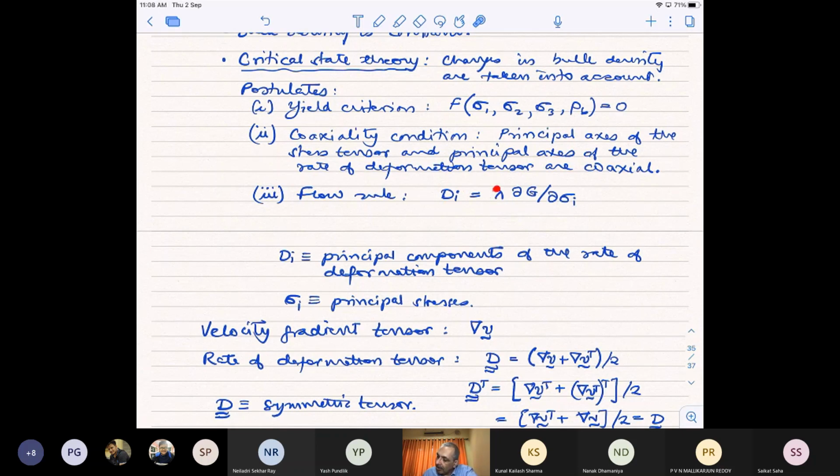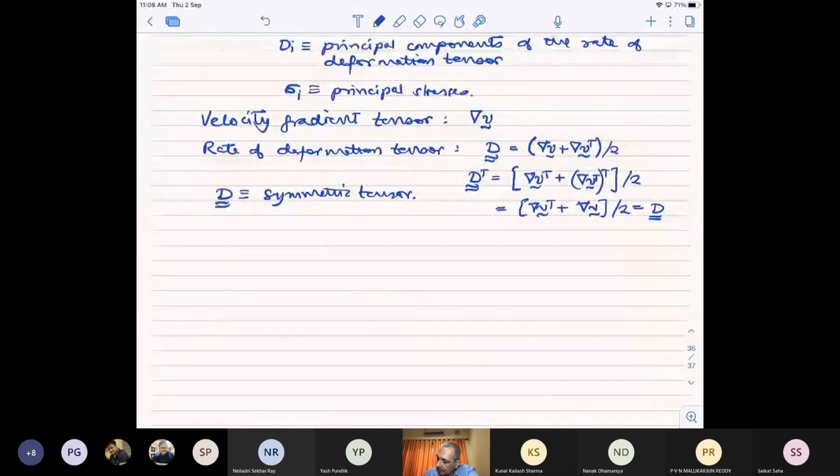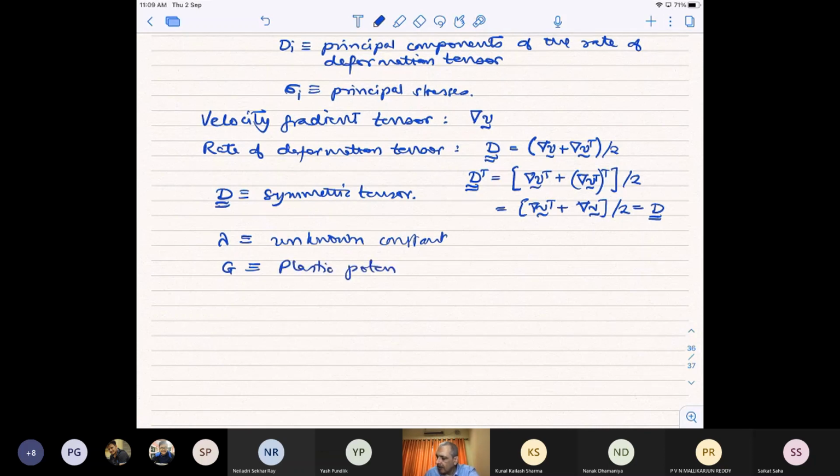Now lambda are unknown constants, which have to be found out from the solution, and G is called the plastic potential. This is actually a property of the material.